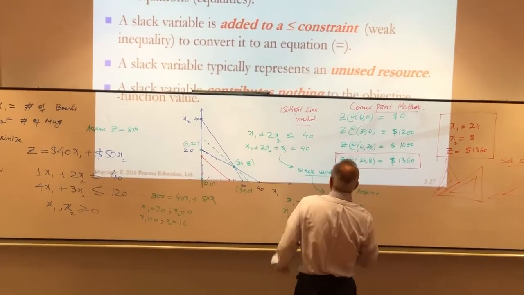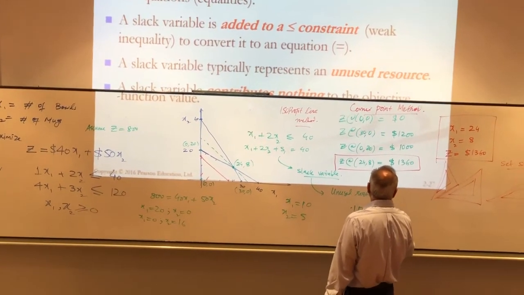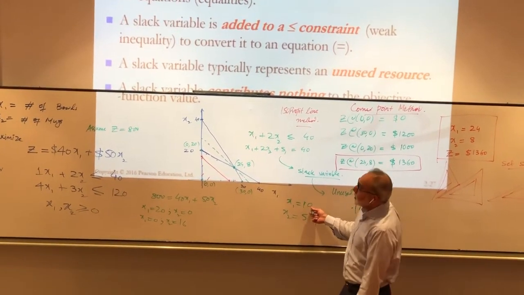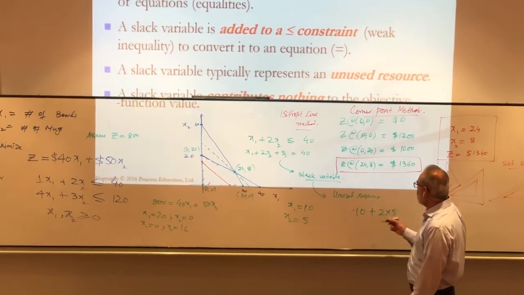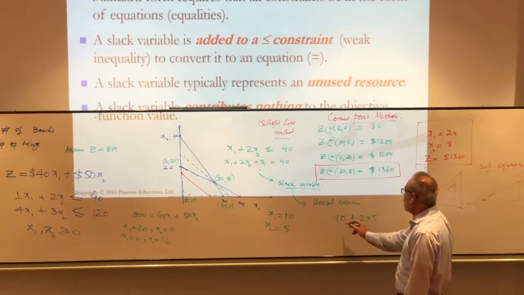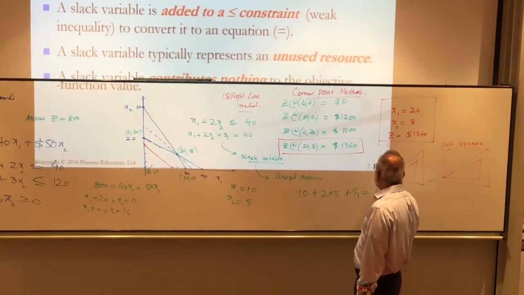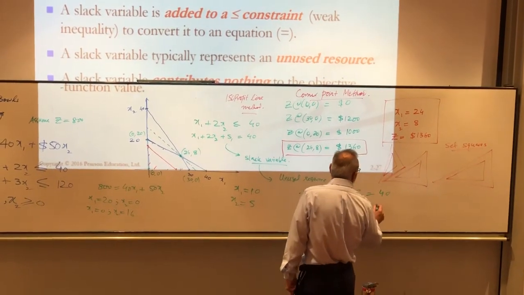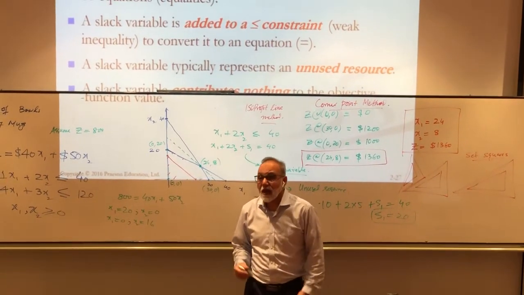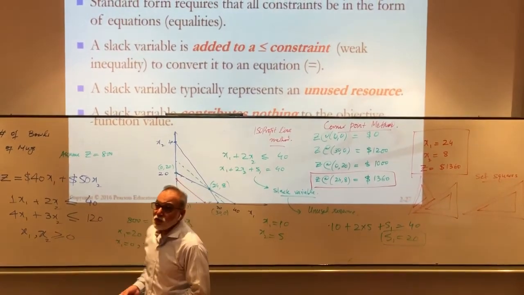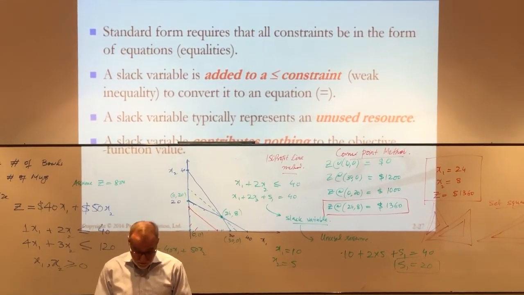If we made 10 bowls and 5 mugs, we will be using 20 hours of labor, plus s1 is equal to 40. So s1 will be equal to 20. This 20 is unused hours, slack hours. Slack is unused resource. It has a physical meaning.